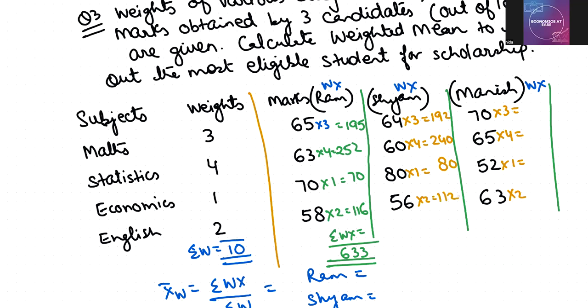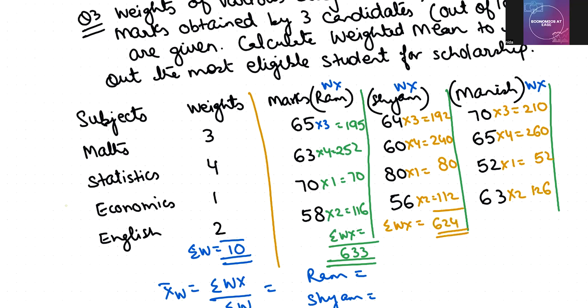Then 210, then 260, then 52, and 63 into 2, you will get here 126. Okay. Now इसका टोटल कितना आएगा? That is the Shyam, 192 plus 240 plus 80 plus 112, you will get 624. Okay.